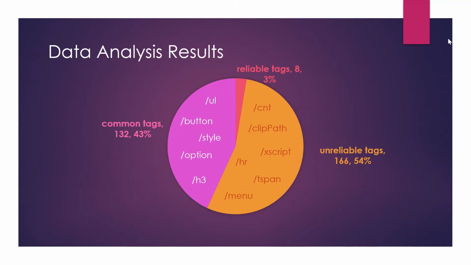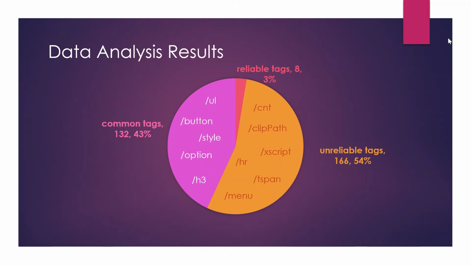Again, moving on to further data analysis results, this image shows a comparison between tags used by reliable and unreliable sources. 132 of the tags appeared in both types of sources. However, it also found that unreliable sources had 166 tags that were never used by reliable sources.